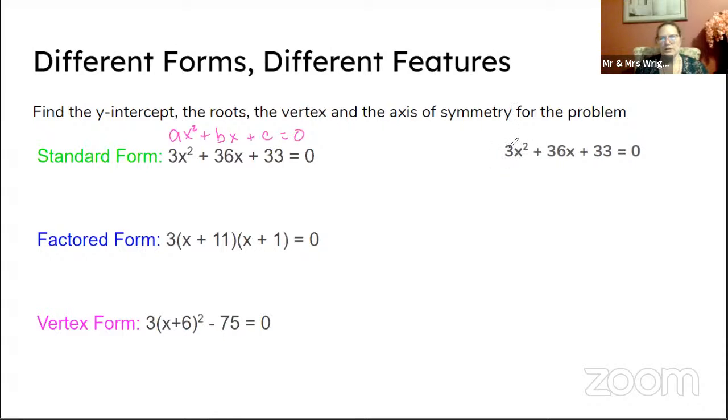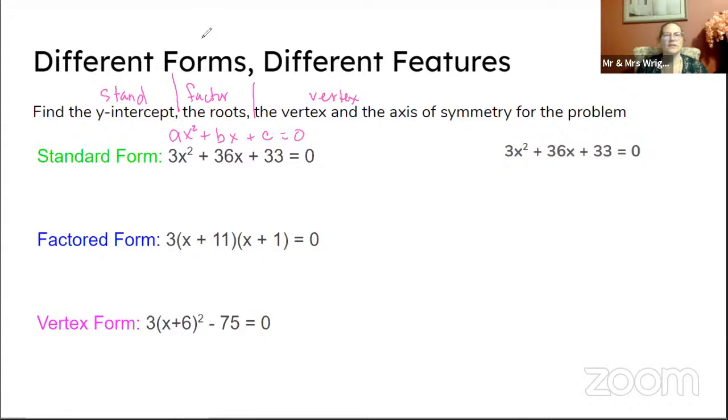Our standard form tells us what our y-intercept is. Our factored form is going to tell us what our roots or our answers are. The roots are from your factored form, and then the vertex and the axis of symmetry we're going to get from the vertex form.